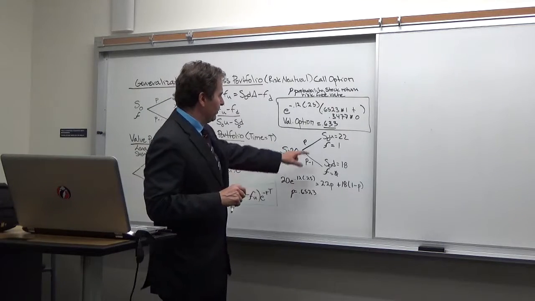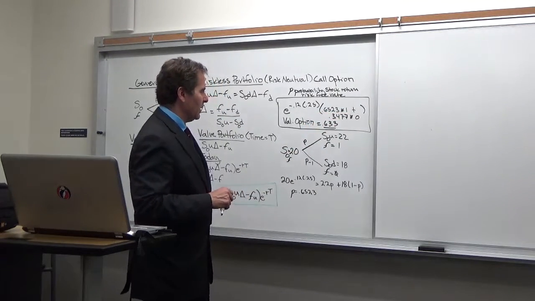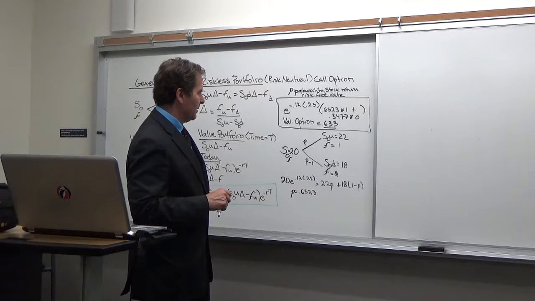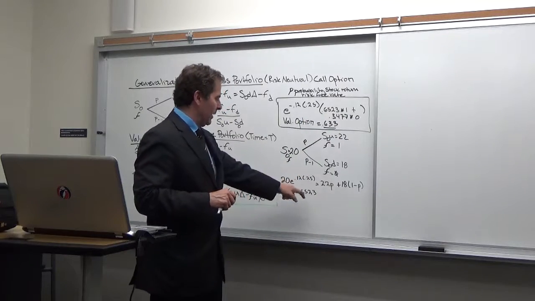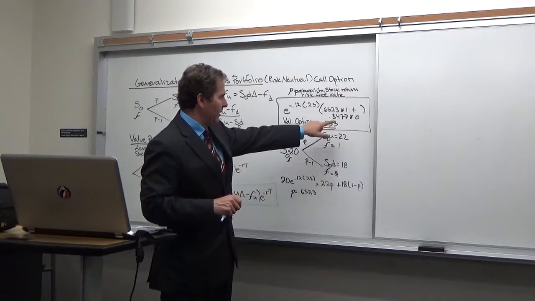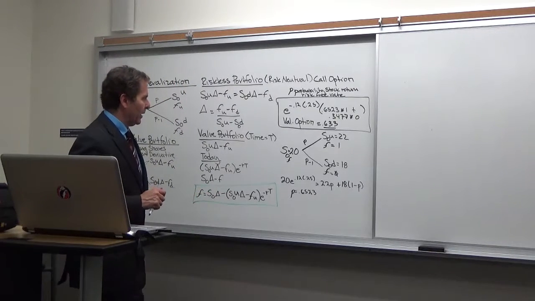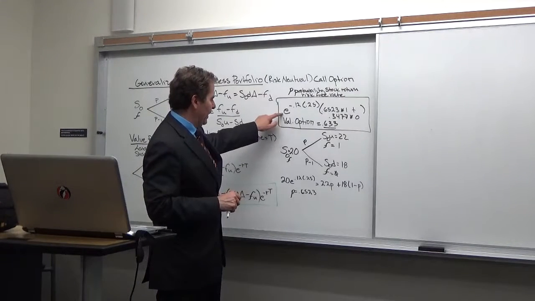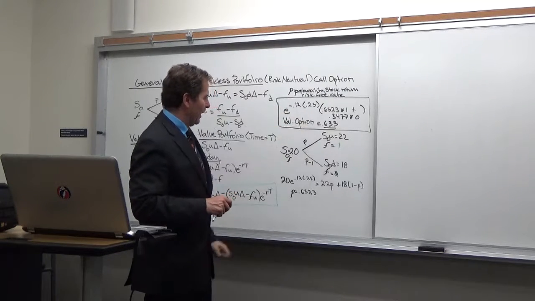So we can take the 0.6523 times the $1 for the call option, plus 0.3477, which is 1 minus the 0.6523, times the 0 price for the option, and multiply that by e to the minus 0.12 times 0.25.